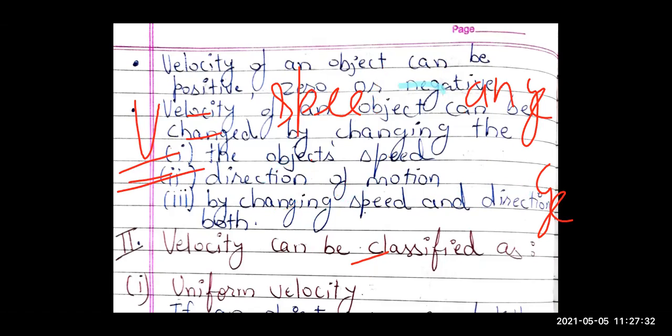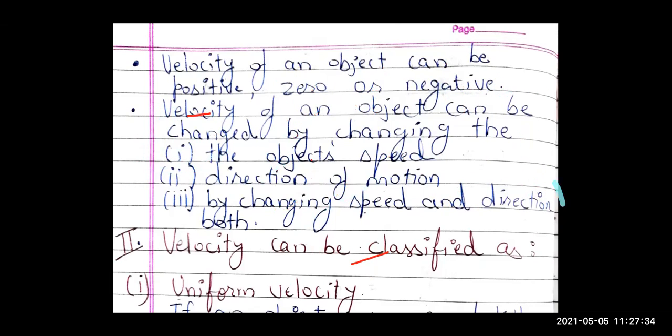So children, velocity can be changed in three ways: by changing the object's speed, by changing the direction of motion, or by changing both the speed and the direction. So these are the three ways in which you can change the velocity of an object.